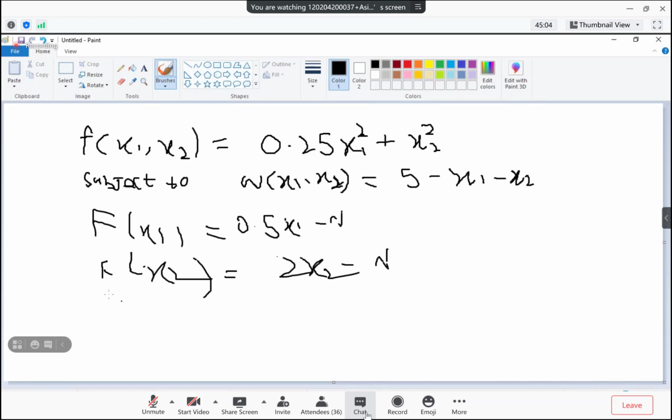For the function lambda, if we take the partial derivative with respect to lambda, we will get 5 minus x1 minus x2.